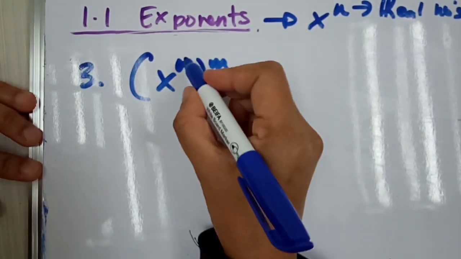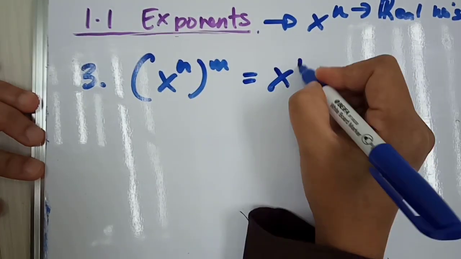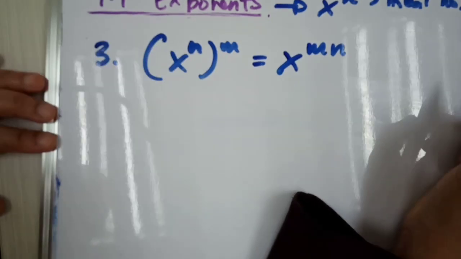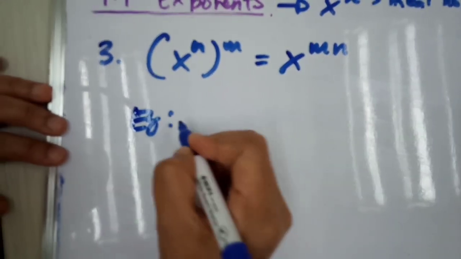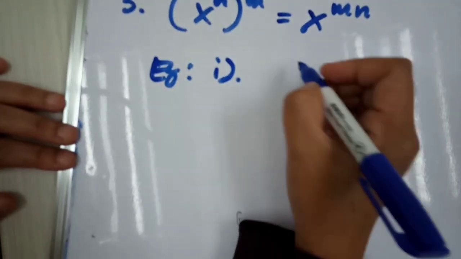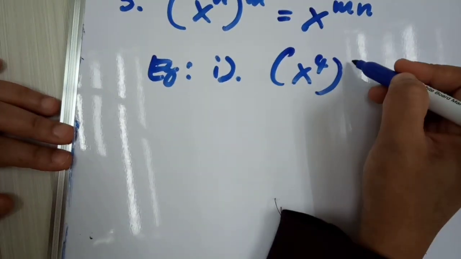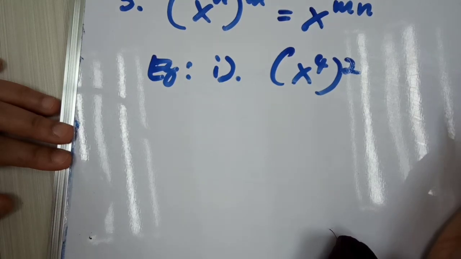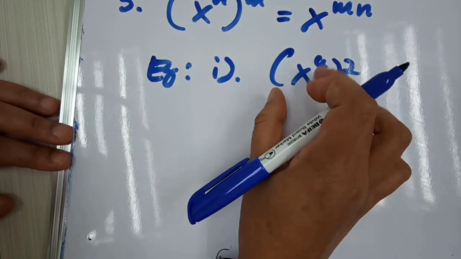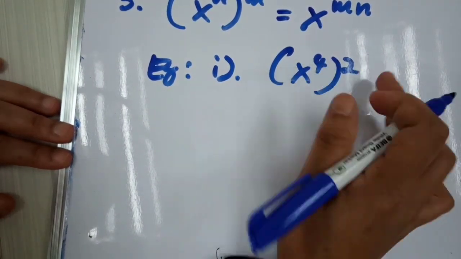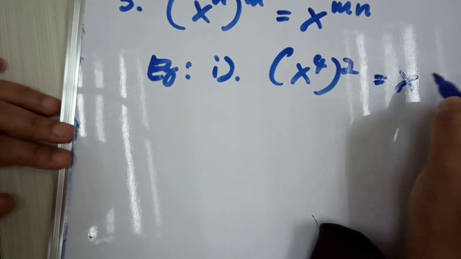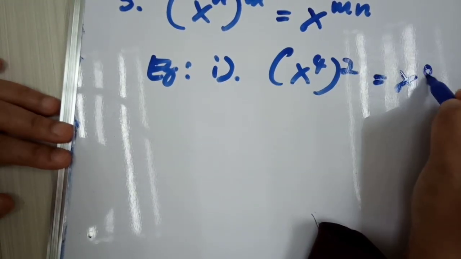You have to multiply the exponents, giving x power of mn. Example: x power 4 with 2 outside. Inside the bracket you multiply the exponents, so 4 multiplied by 2 is 8.